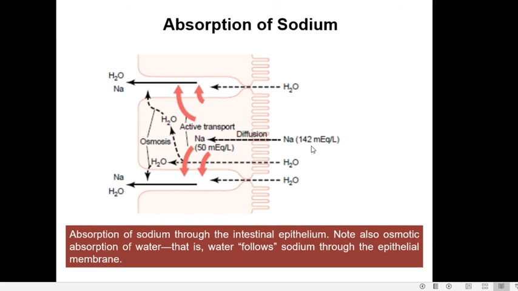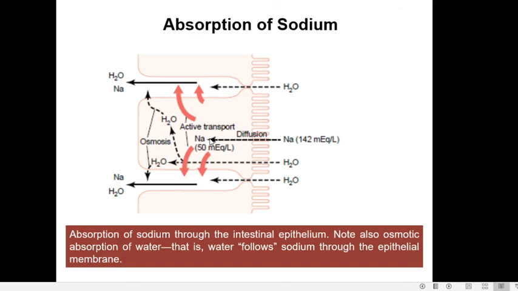Usually in our intestine, the intestinal lumen will have a sodium concentration of 142 milliequivalent per liter, whereas inside the intestinal epithelial cell it will only be 50. Since such a gradient exists, sodium will have a tendency to diffuse into the intestinal epithelial cell cytoplasm.